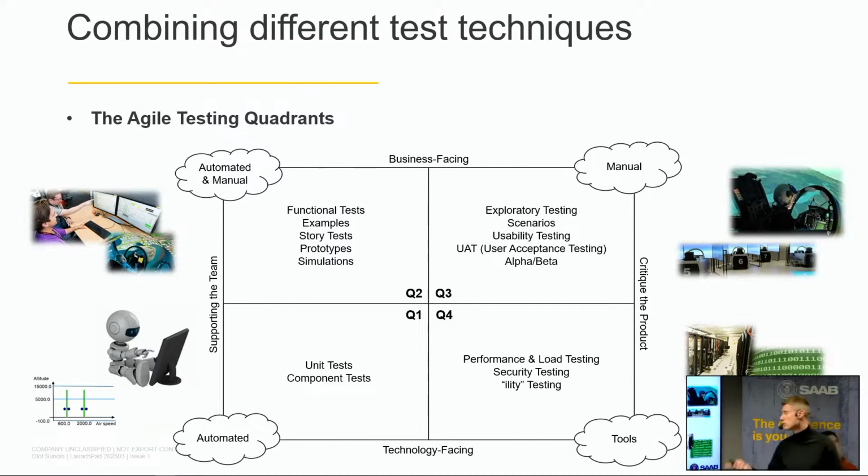And it's from, for example, this book from Lisa Crispin and Janet Gregory called Agile Testing. So what this means is that you need different test techniques for different purposes. And here to the left, you have test activities supporting the team, which is testing in parallel with development, which is different compared to when you test the complete system to critique the product.